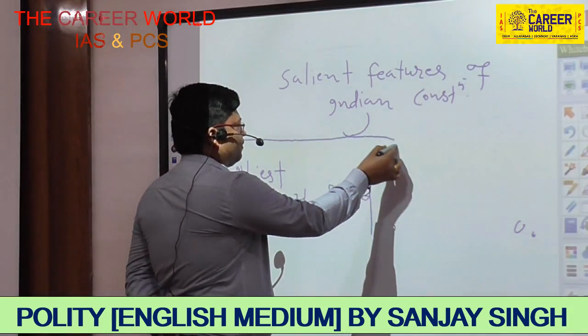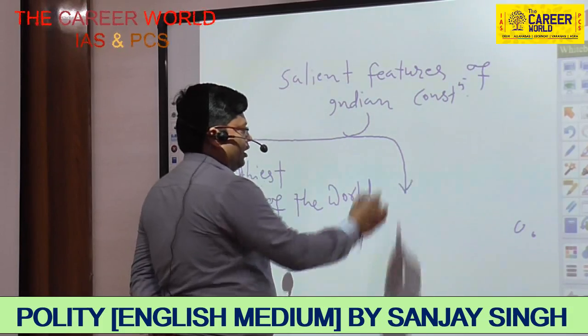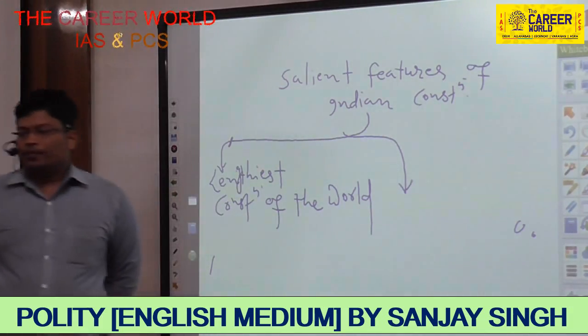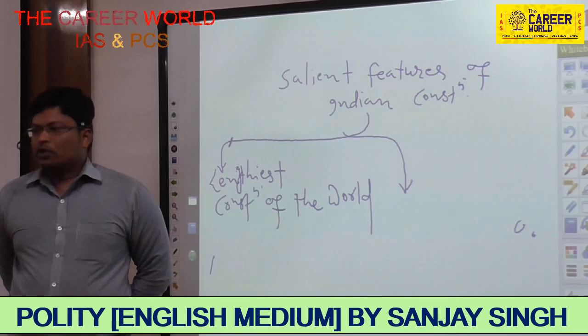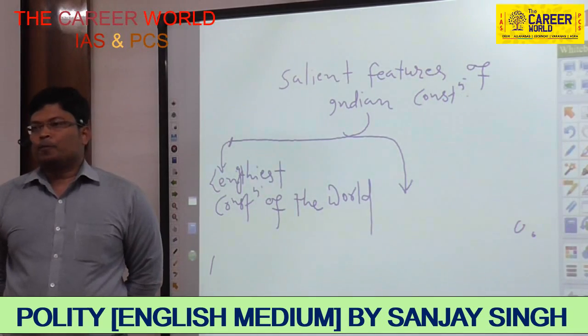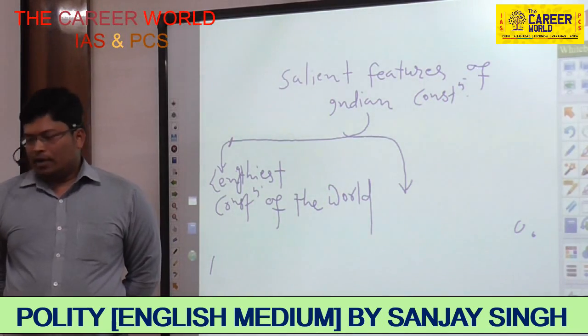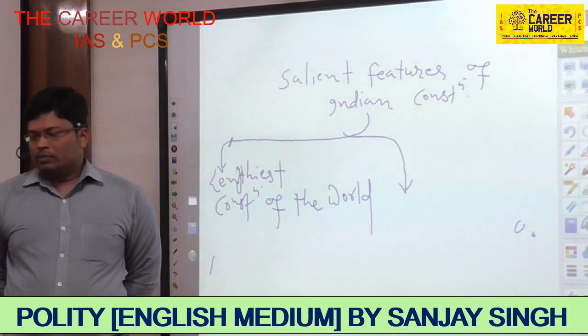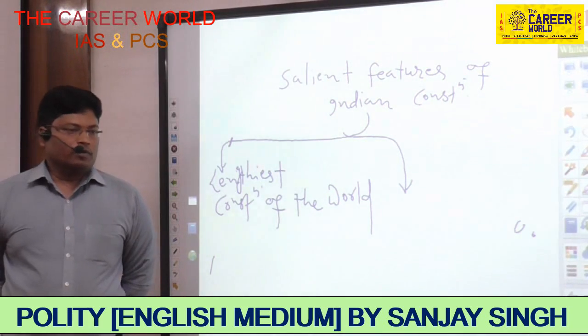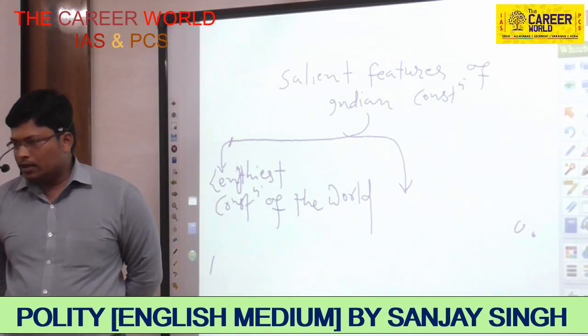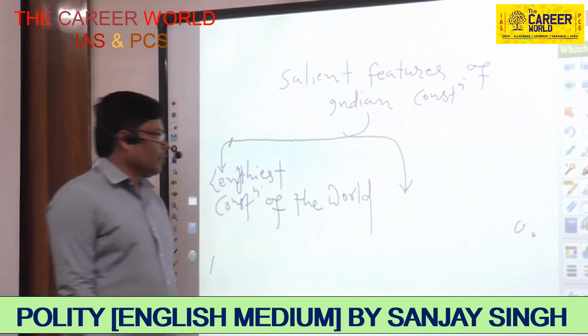The second one we have seen: if we look into the provisions of the Indian Constitution, we can find that it is comprised of rigid provisions as well as flexible provisions.